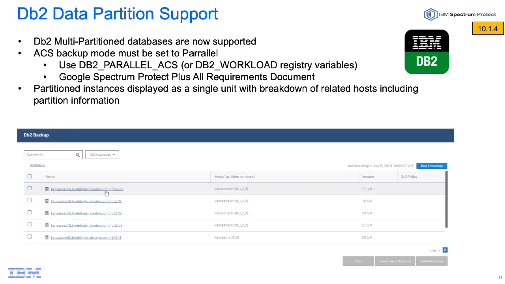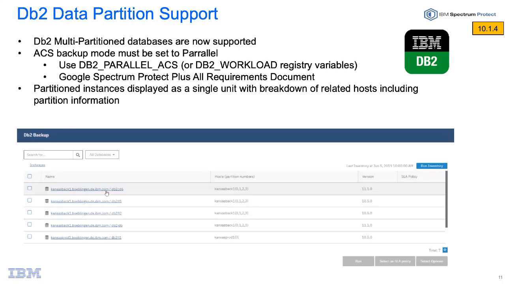These are variables that support the ACS backup mode that we are using to back up DB2. Some newer versions of DB2 will allow you to use this DB2_PARALLEL_ACS. Older versions may require you to set this DB2_WORKLOAD variable.